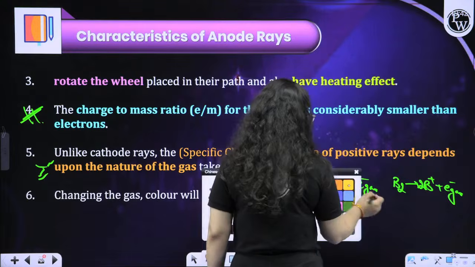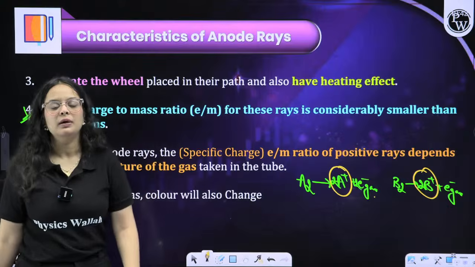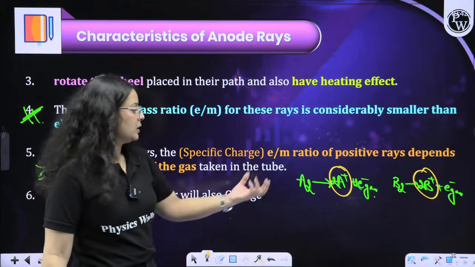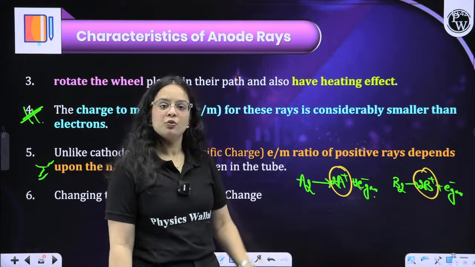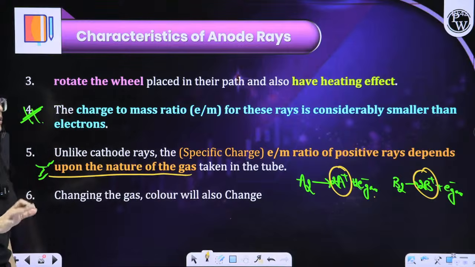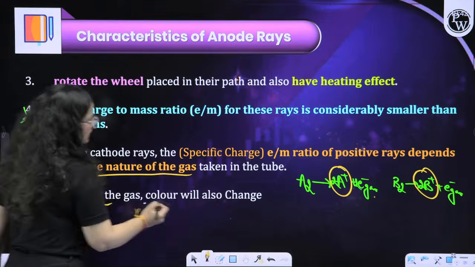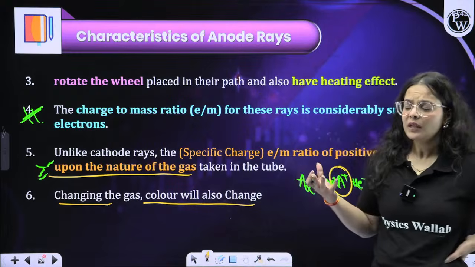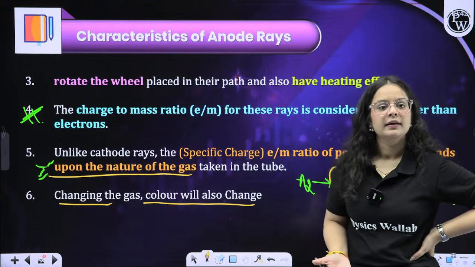So we can see that these are the positive charges of the gas that we get. These are basically the anode rays. So if the gas is changed, the positive part will change, and accordingly the specific charge, that is charge to mass, will change. Is that clear? So this is a very important point: if we change the gas, the nature will also change, and even the color will change, because anode rays do get affected by the nature of the gas, as they are produced by the gas itself, right everyone?